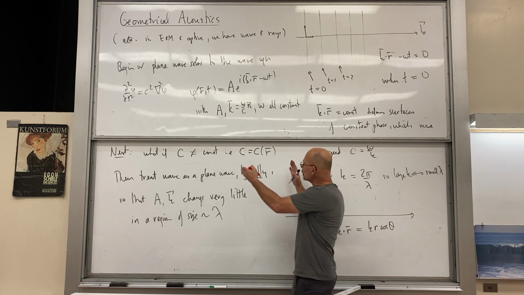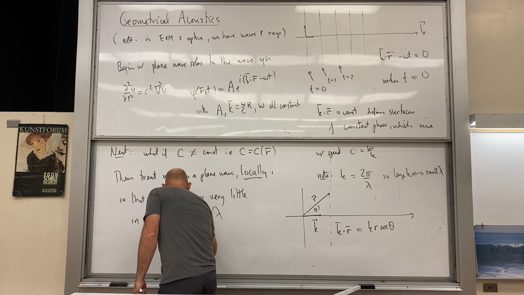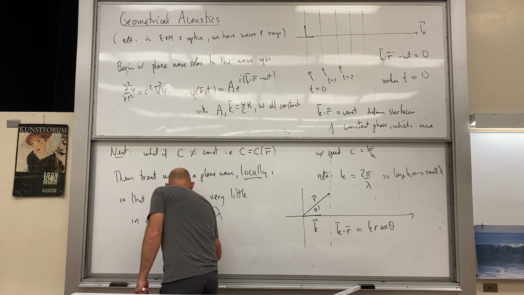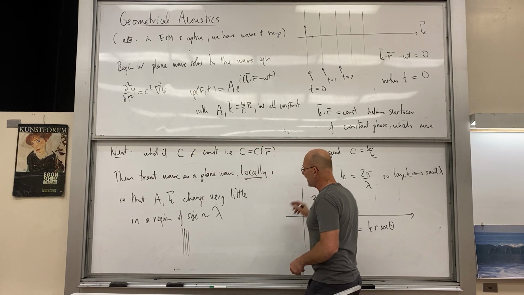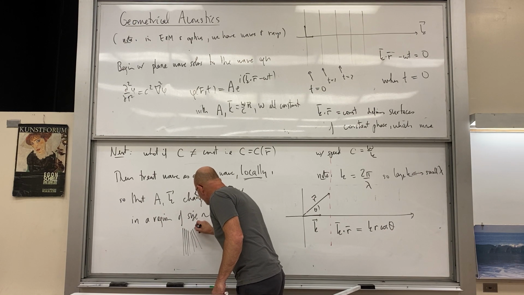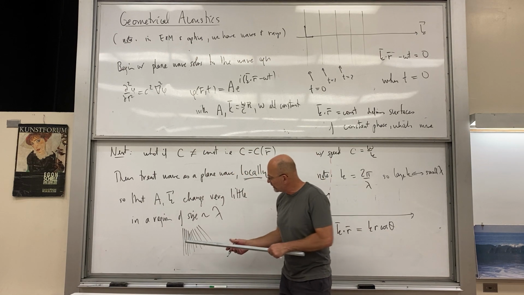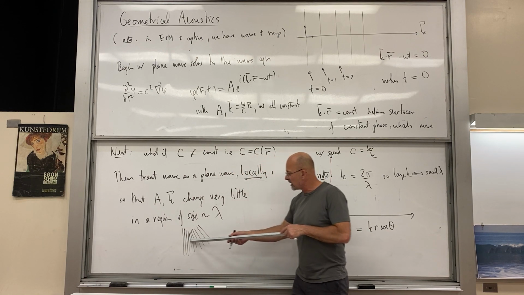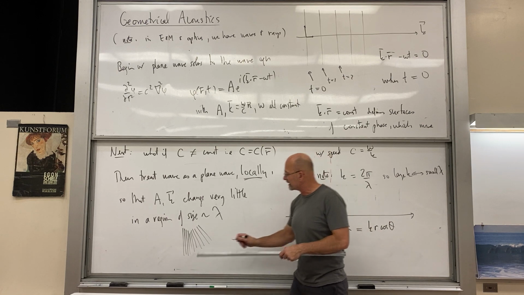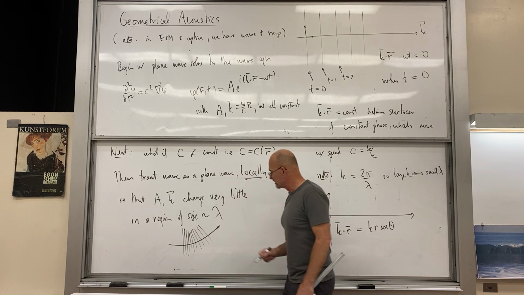So we're going to be very local, and so if we imagine the wave fronts being very close together, eventually they can veer off. If you're up close here, then it just looks like plane waves, but if you stand back a bit, you can see that you veer off.